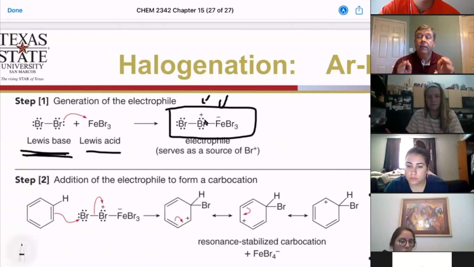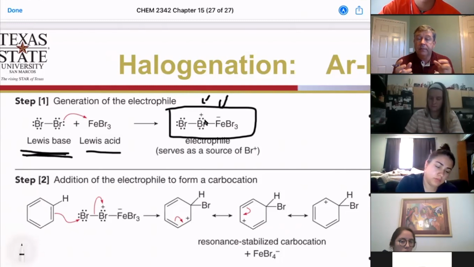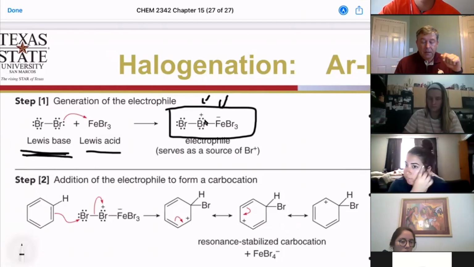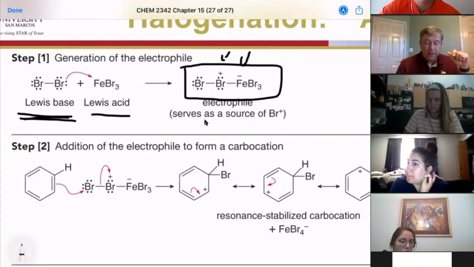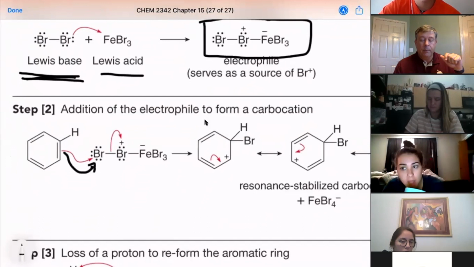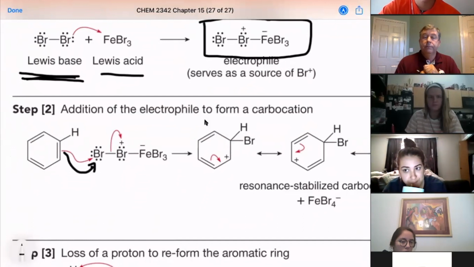So this is the positive bromine source, which gives us a chance to interact with electrons from the benzene. The next step in the reaction is the electrons from the benzene ring reach out and grab at the bromine right here.